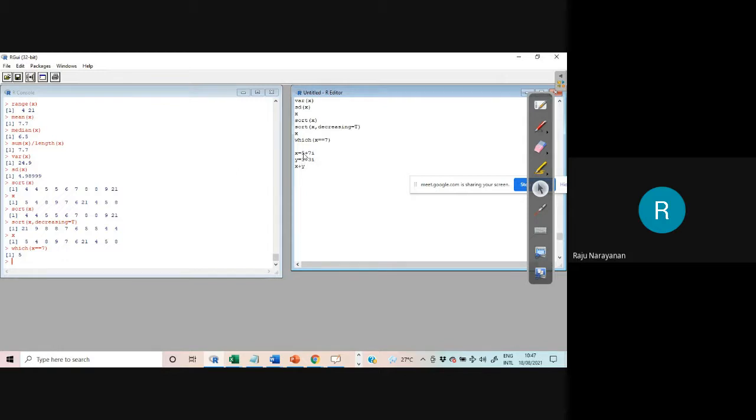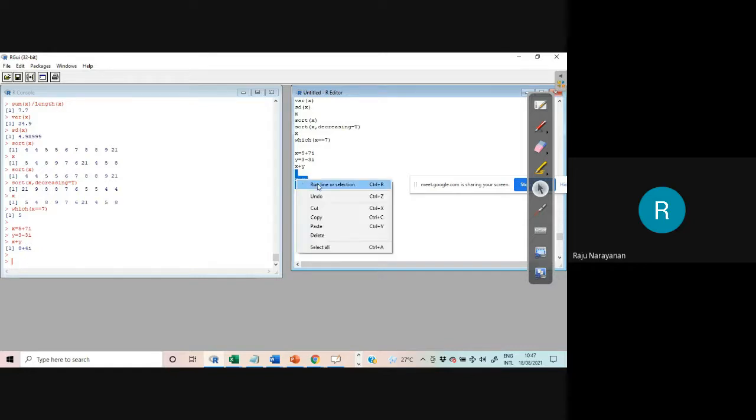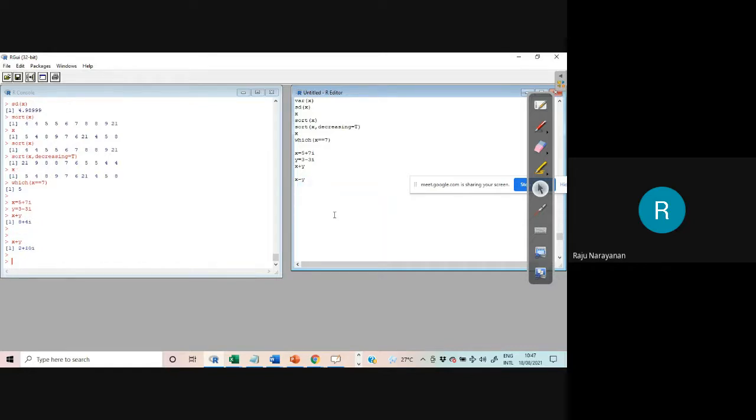What will we get? 5 plus 3, 8; 7 minus 2 is 5, so 8 plus 5i. It will do x minus y also, no problem. If he can add, he can subtract also. Multiplication is also possible.